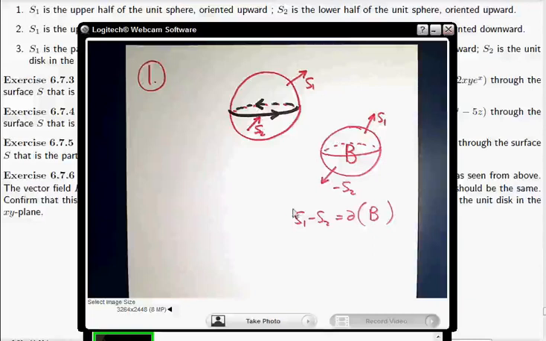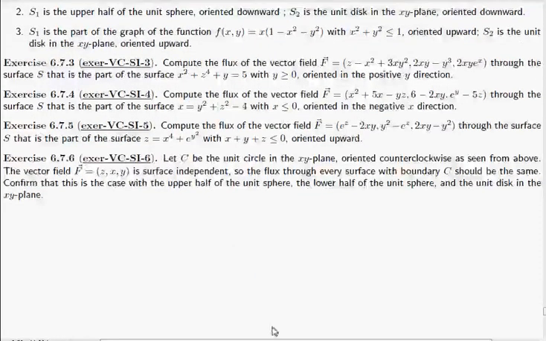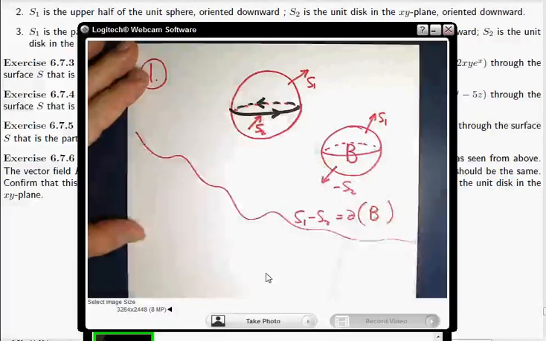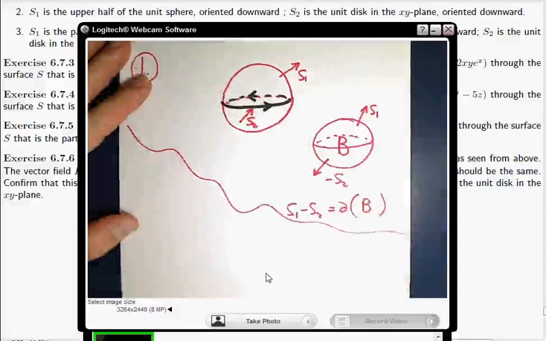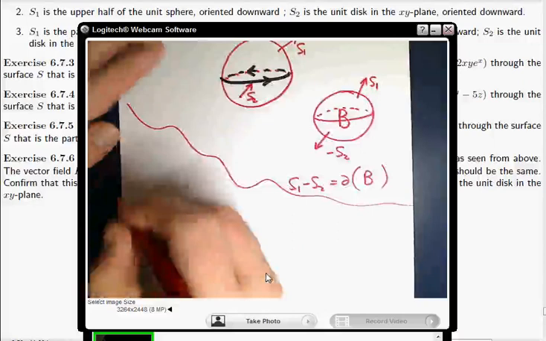Okay. Let's look at part 2 here then. Upper half of the unit sphere oriented downward. S2 is the unit disk in the XY plane oriented downward. All right. Okay, so let's see number 2.